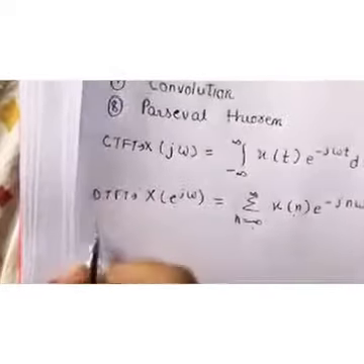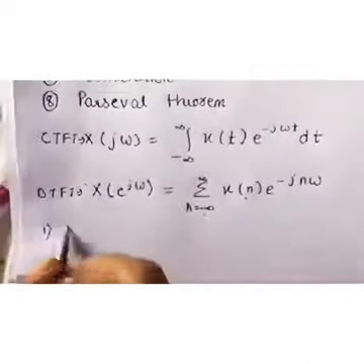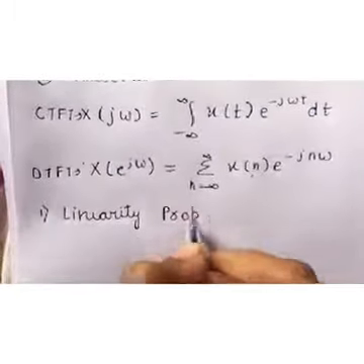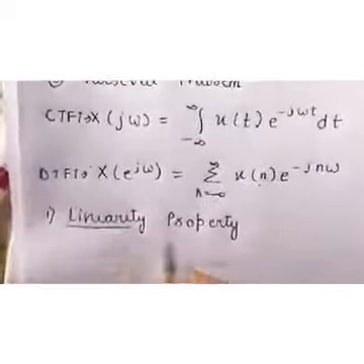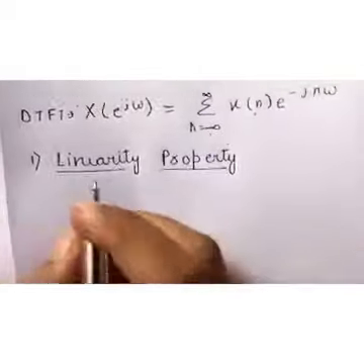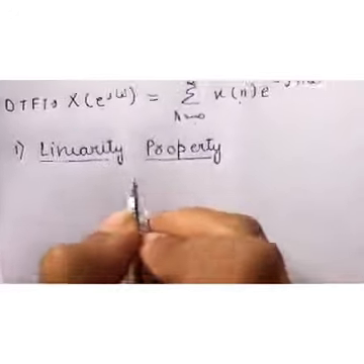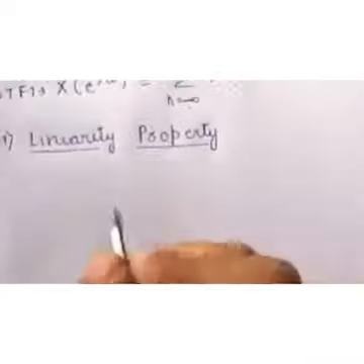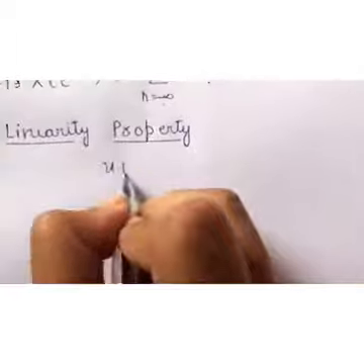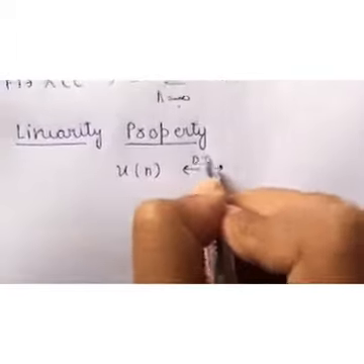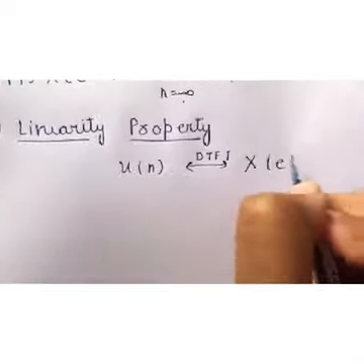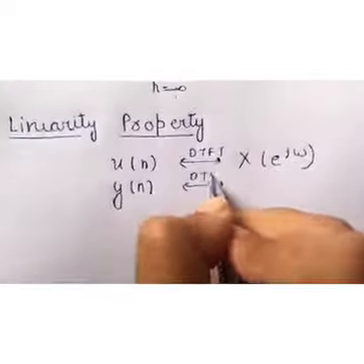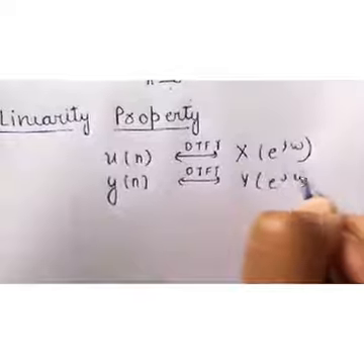So the first property is linearity property. We know that x of n forms a DTFT pair with X of e^j omega, and y of n forms a DTFT pair with Y of e^j omega.